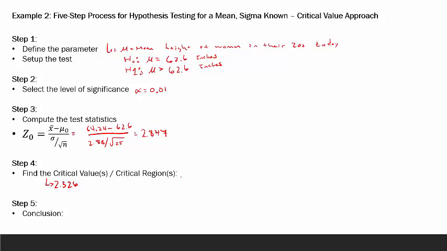So find the critical region. You're going to sketch the standard normal curve, centered at 0. The critical value is 2.326, and you're going to shade everything to the right. Okay, so this red shaded area is the critical region.